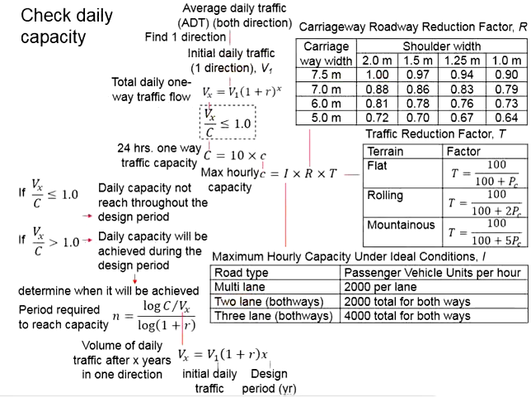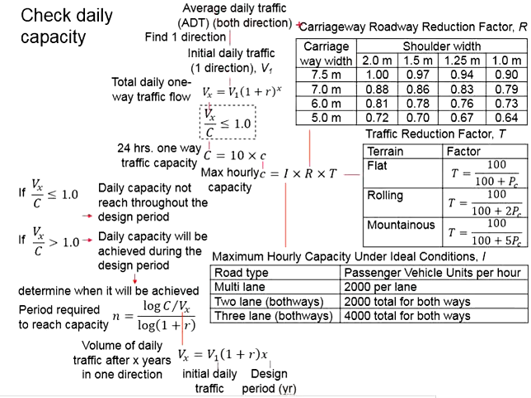Having this understood, you have an idea how to compute this V1, which is the initial daily traffic. You can get it from the average daily traffic, ADT, which also represents the daily traffic.